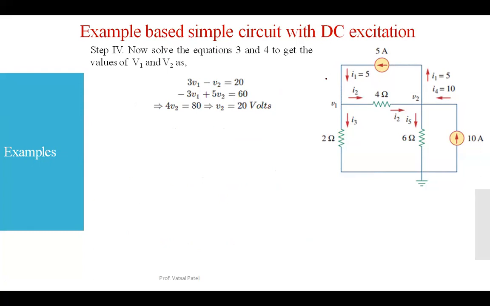And if you put this V2 value in one of the equations, can you identify V1? Your V2 value will be 20. So if you put it in any one of the equations, then what will be the V1 value now?